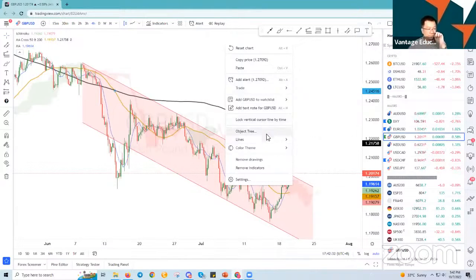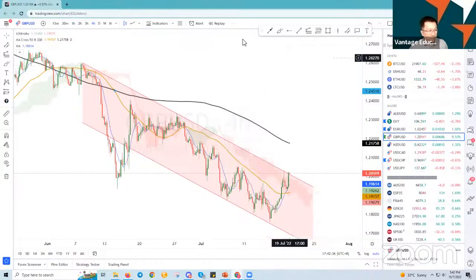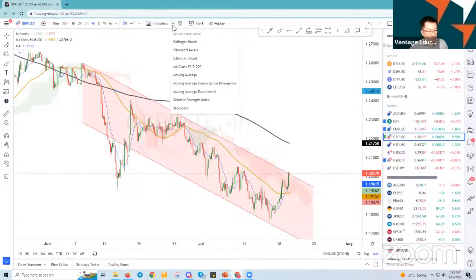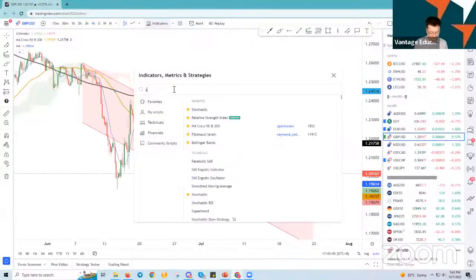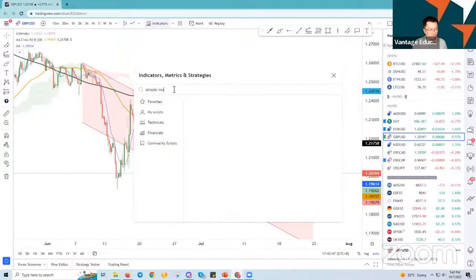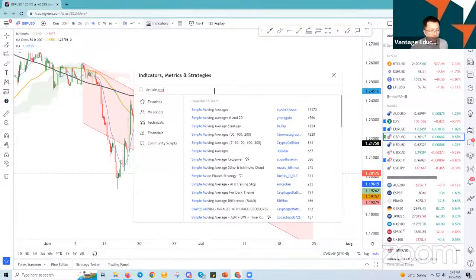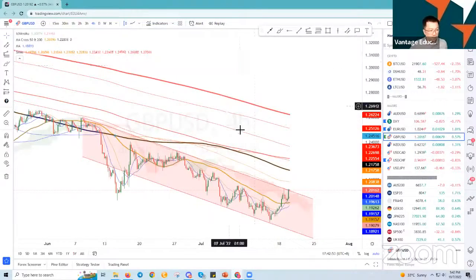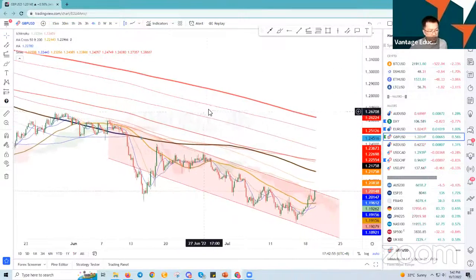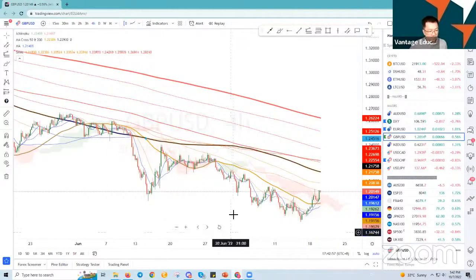Let me remove that moving average because it doesn't help. I want it to be the 50 moving average actually, or the 46 actually. No, that's too many lines. Nope, start all over again.